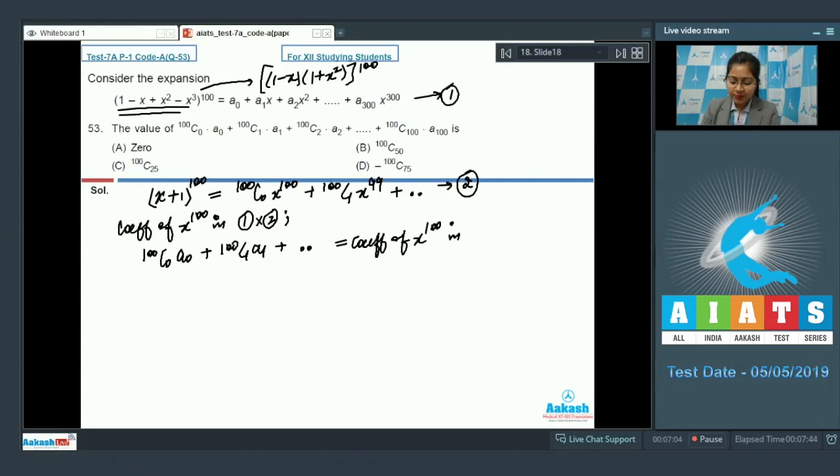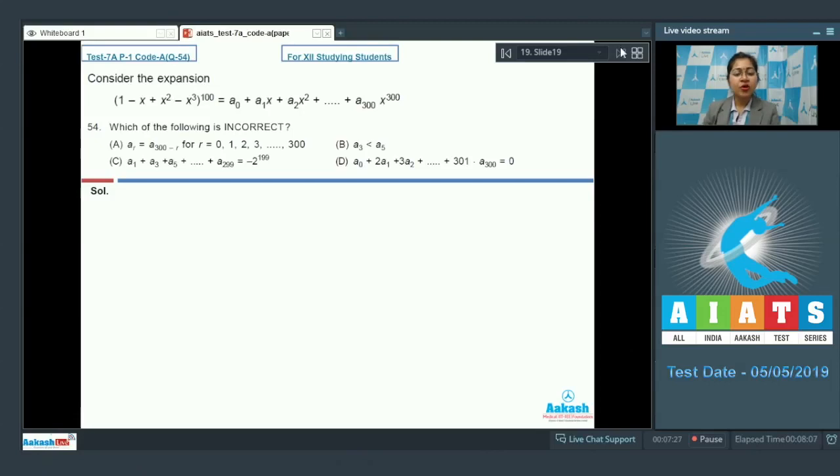When multiplied with (1 plus x) raised to the power 100, we will get (1 minus x4) raised to the power 100. So the coefficient of x raised to the power 100 will be minus 100c25, that is equal to minus 100c75. So from the options, option number D is the correct answer.